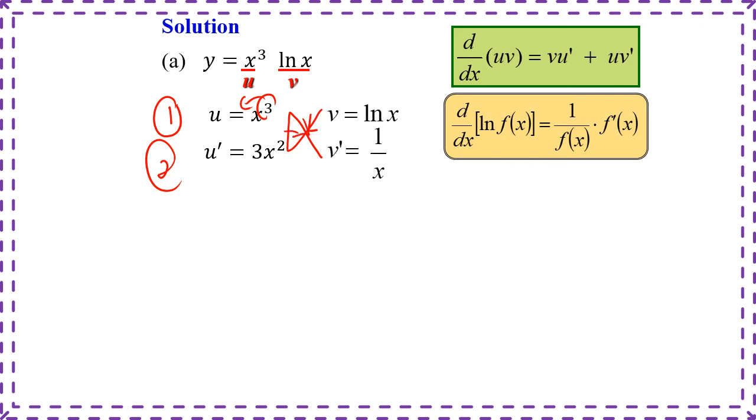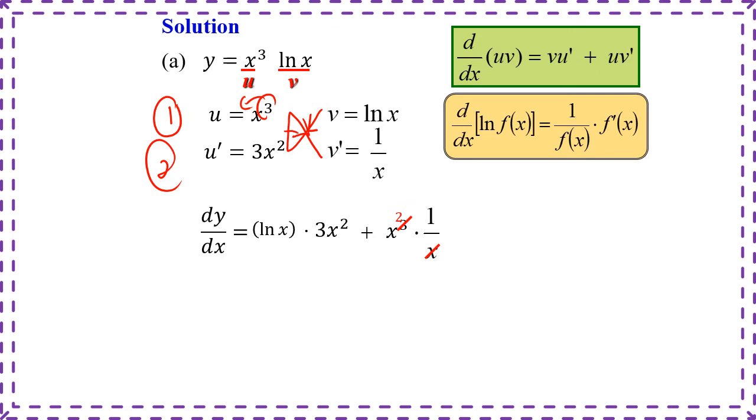So it will be natural log x multiplied by 3x squared plus x cubed multiplied by 1 over x. And then simplify everything. For the second term, we can simplify into x squared, so x cubed divided by x will be x squared, right?